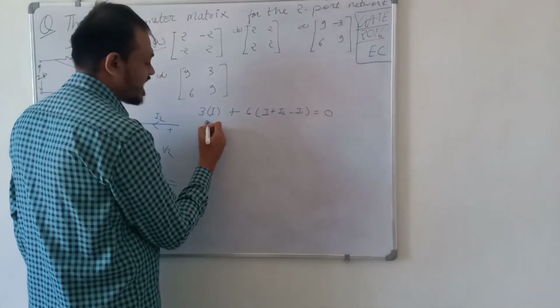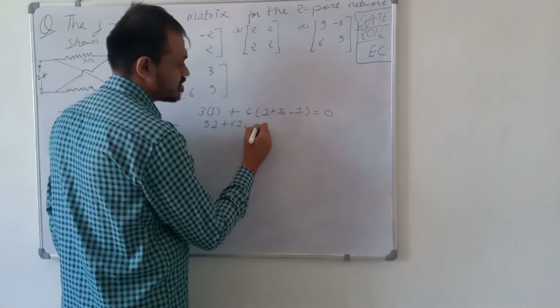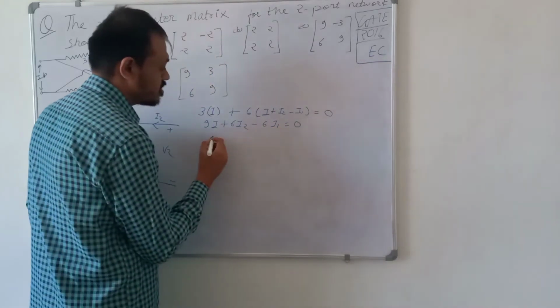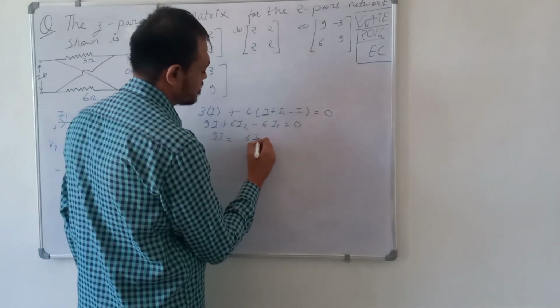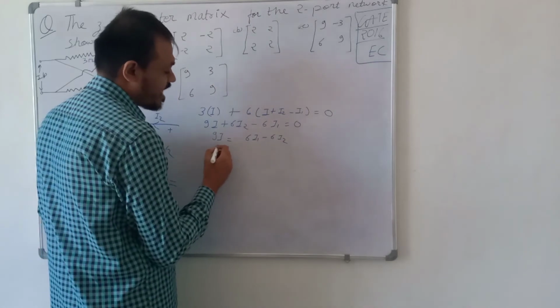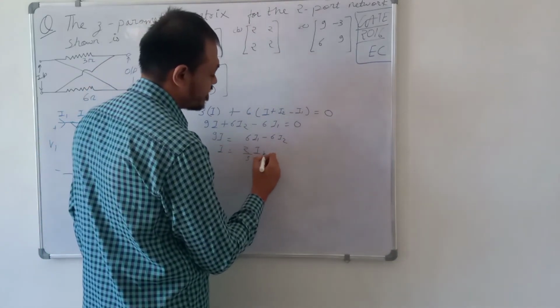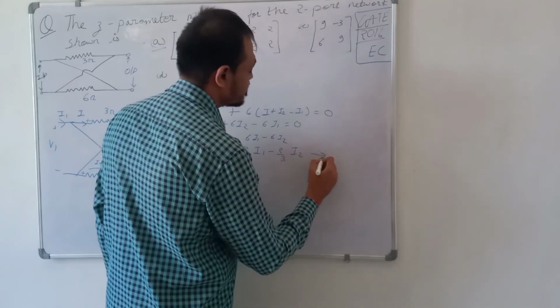So we get 9I plus 6I2 minus 6I1 is equal to 0. So 9I is equal to 6I1 minus 6I2. So I will be equal to 2 by 3 I1 minus 2 by 3 I2. So this is the first equation.